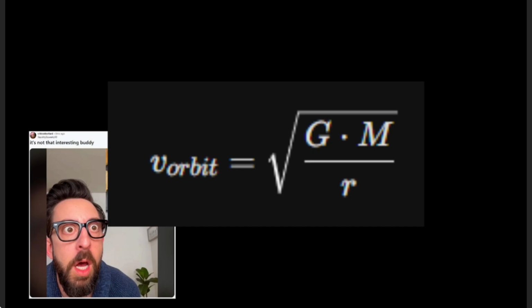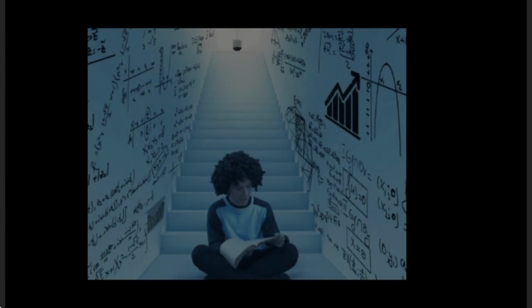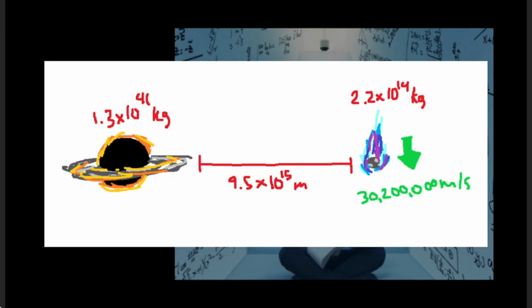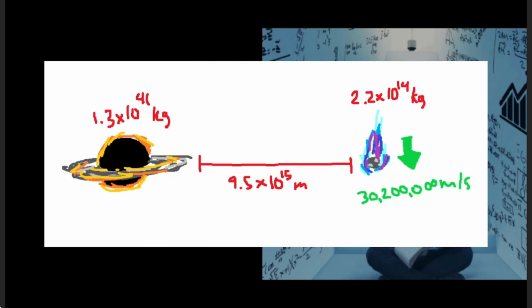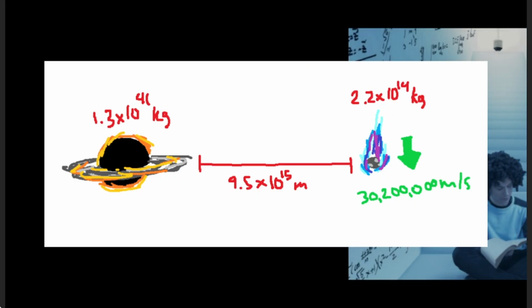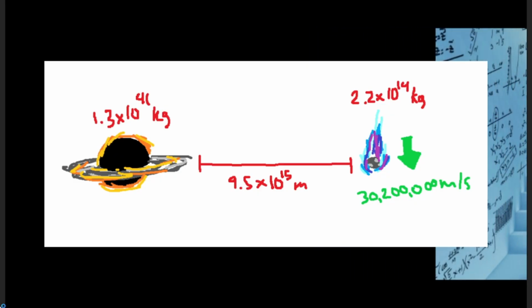We can use the formula v orbit equals the square root of g times m divided by the distance between their centers of mass to find the tangential velocity necessary for Halley's Comet to maintain an orbit of TON 618 at a 1 light year distance. v orbit equals the square root of 6.67 times 10 to the negative 11th times 1.3 times 10 to the 41st divided by 9.5 times 10 to the 15th. This comes out to be 30,200,000 meters per second.